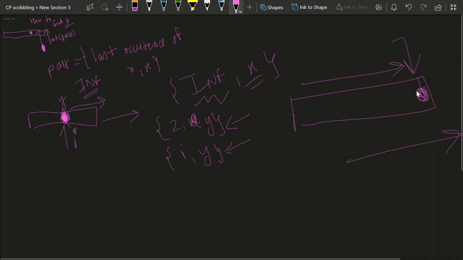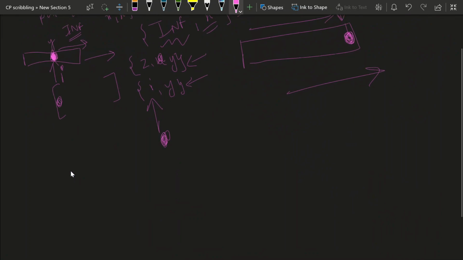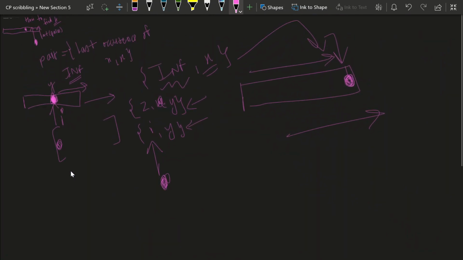So you'll go to the last index of the set and see the value present there, and that will be the specific index till which you need to go if you start your segment here. And if it is infinity, then definitely it means that you cannot end your segment if you start at i. So this is the explanation for how to find k.